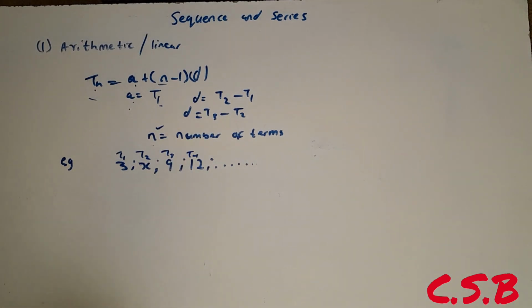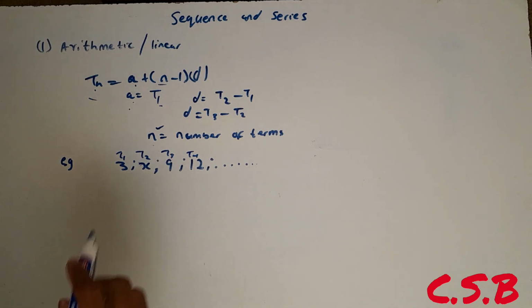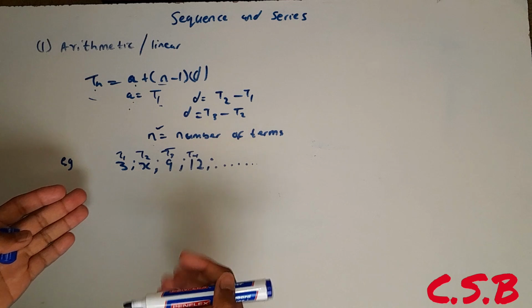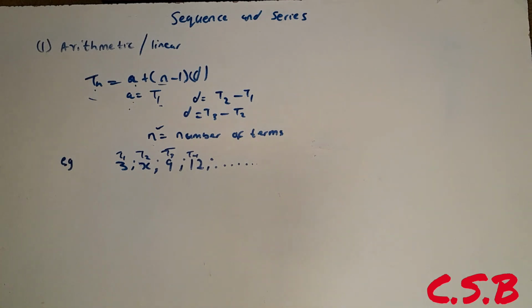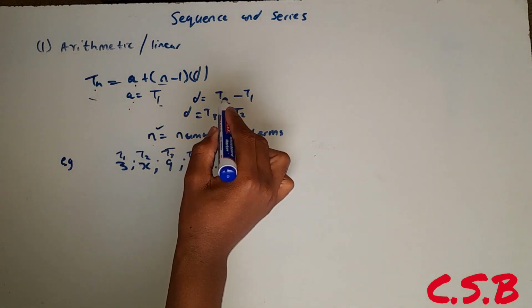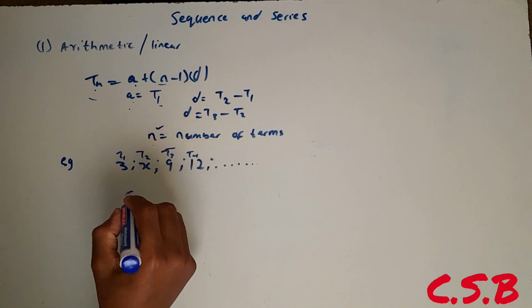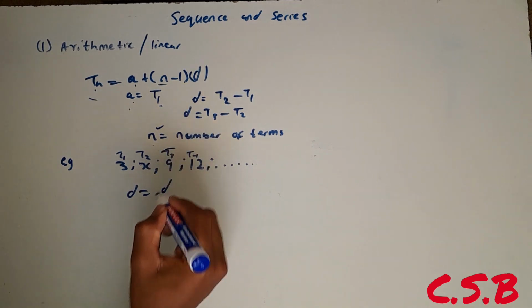So we have four terms in this, which we can see. Finding x will be quite simple, because the common difference d is equal to d.